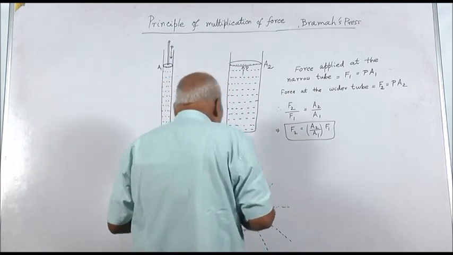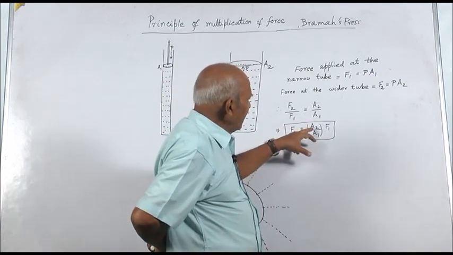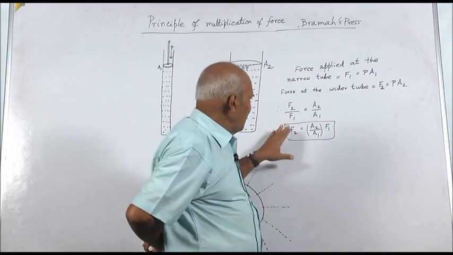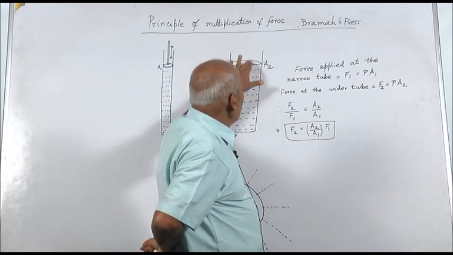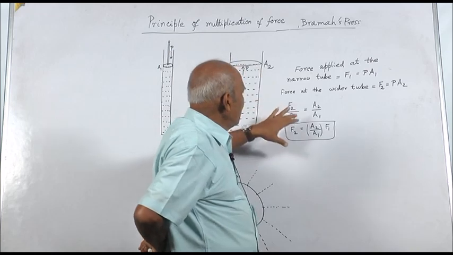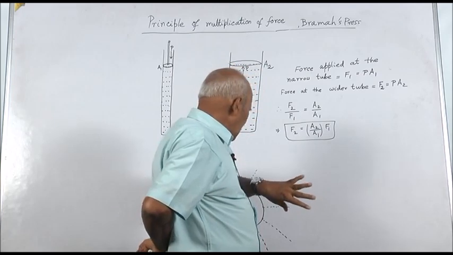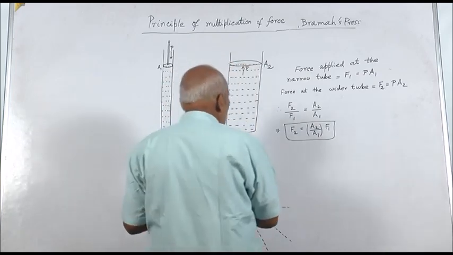So, depending on the ratio of areas A2 and A1, the force at the wider end can be much more than F1.